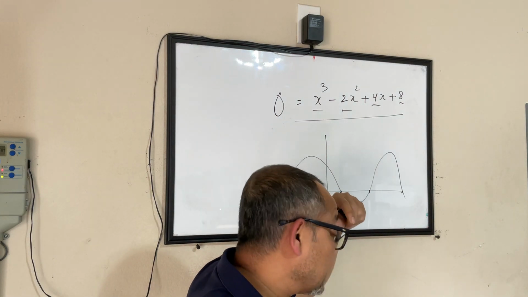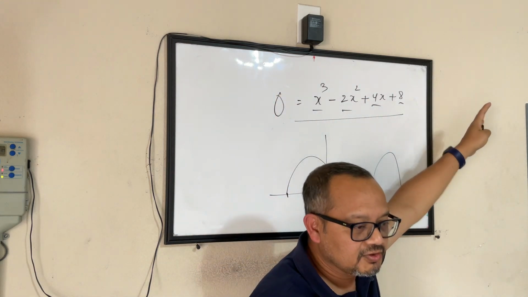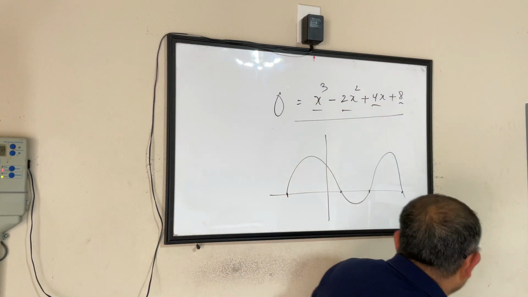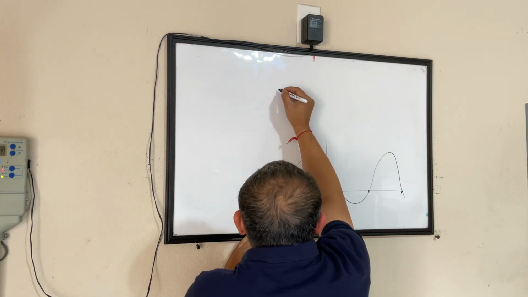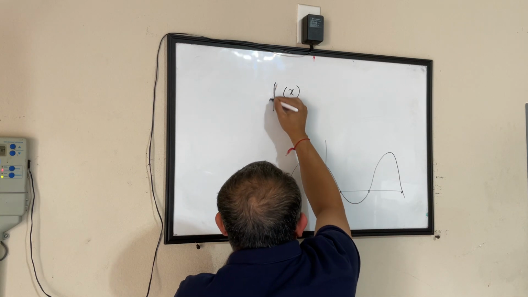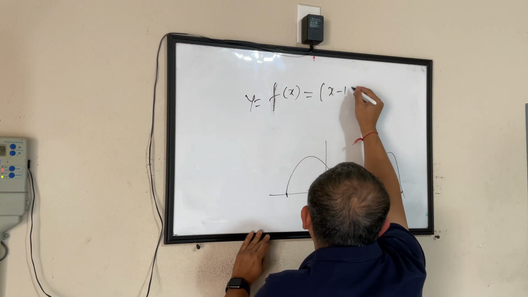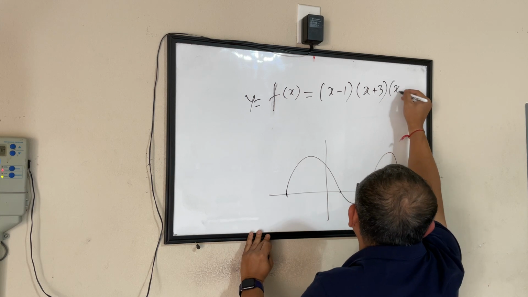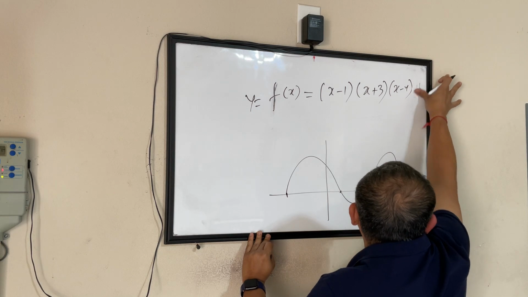Now, how you will do it mathematically, that you guys know. You will break it down, convert this into factor form, and then you will solve it. So if I have a polynomial, let's say p of x or function of x, y equal to function of x, which is equal to x minus 1 into x plus 3 into x minus 4, or let's say I stop here.